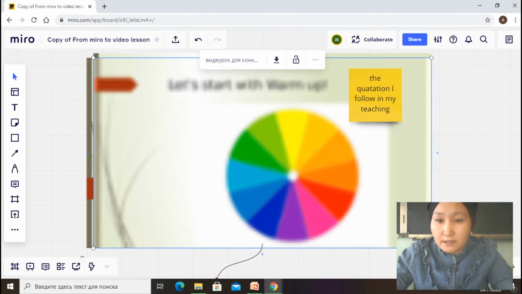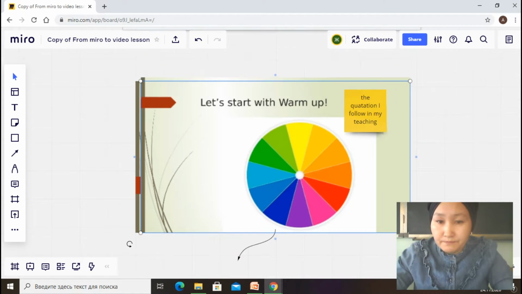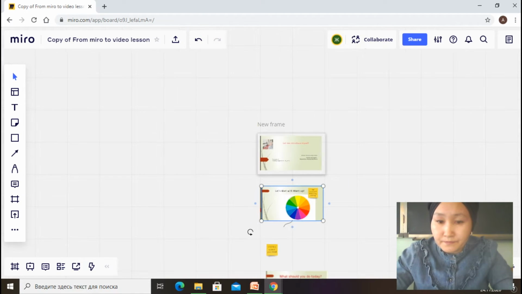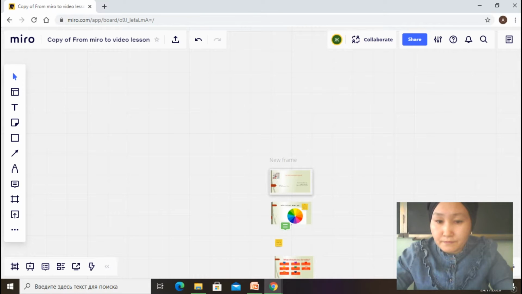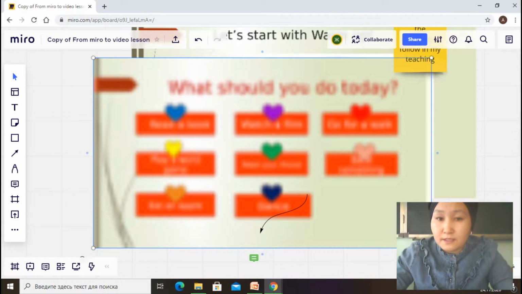So, guys, let's start with a warm-up activity. I ask you to choose the color mode from this color wheel. Okay, then. Let's have a look.